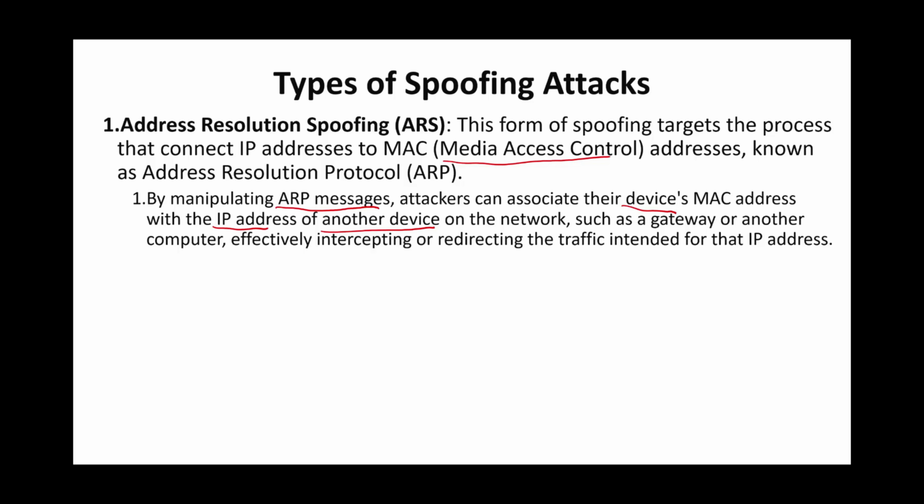So simply put, you associate your system to another system, such as a gateway or another computer. So you act as if you are that other party, effectively intercepting or redirecting the traffic intended for that IP address, because everybody thinks you are that person.